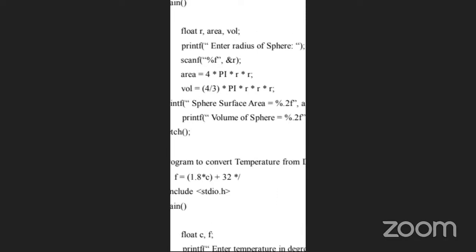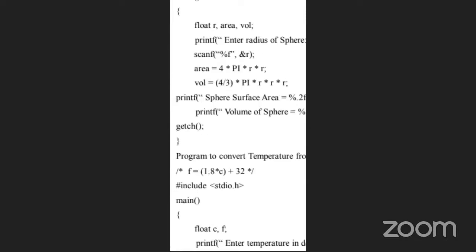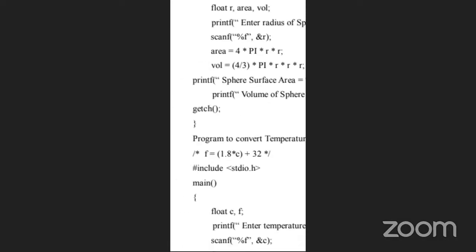Next, printf sphere surface area = %.2f comma area. Printf volume of sphere = %.2f comma volume. Then getch and curly bracket close.